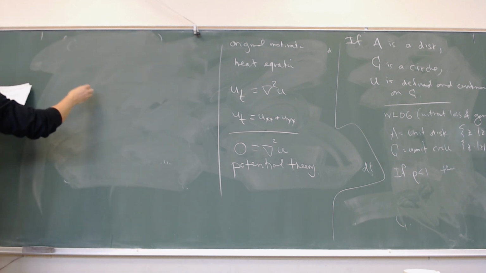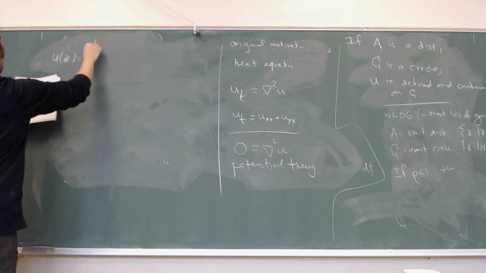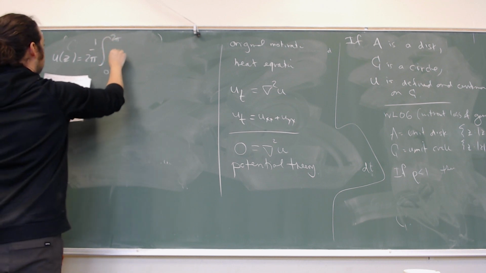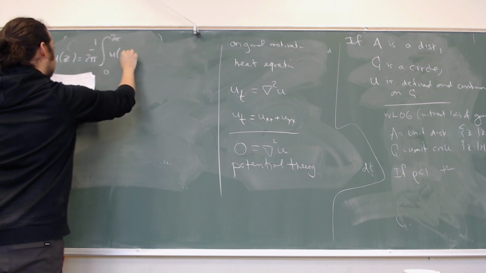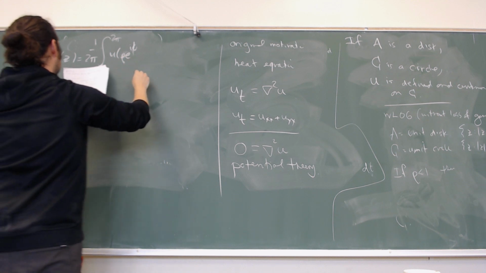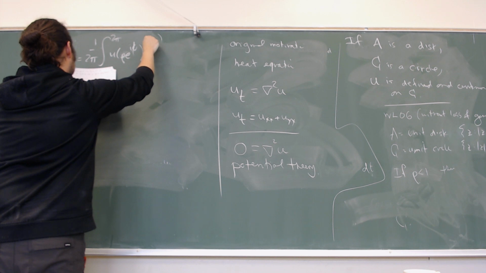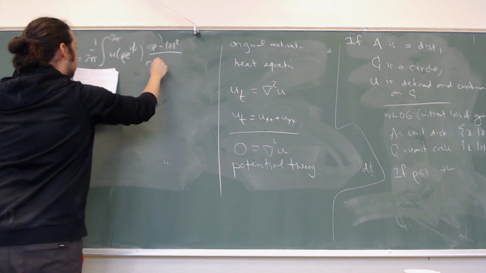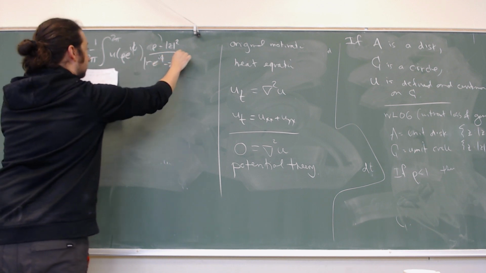Okay, so I'm going to write down this formula, and it's going to look mysterious, and then we're going to try to figure out where it comes from. u of z is equal to 1 over 2 pi times the integral from 0 to 2 pi of u of rho e to the i phi times rho minus absolute z squared over r e to the i phi minus z squared.